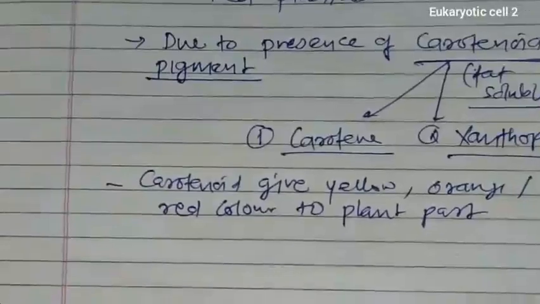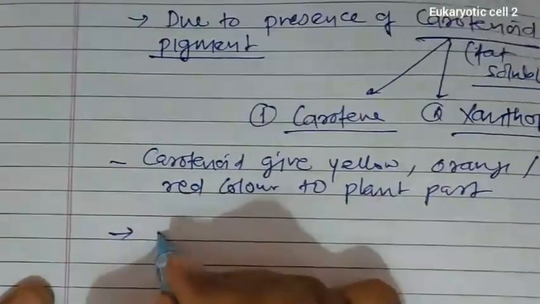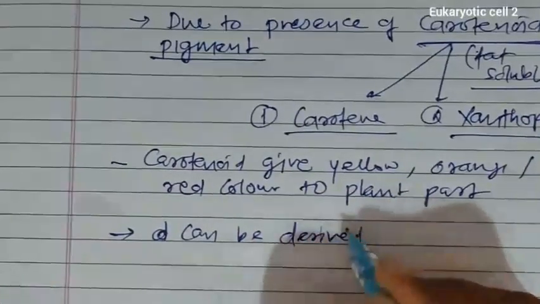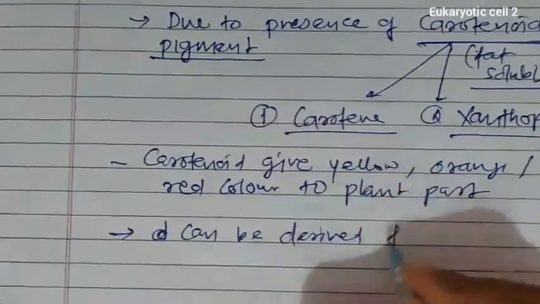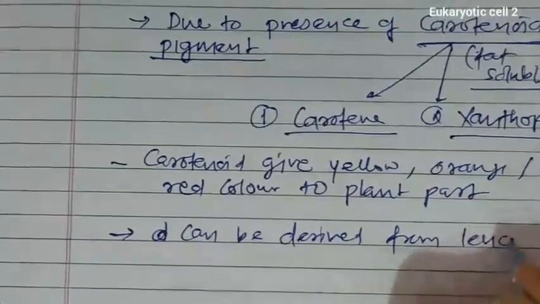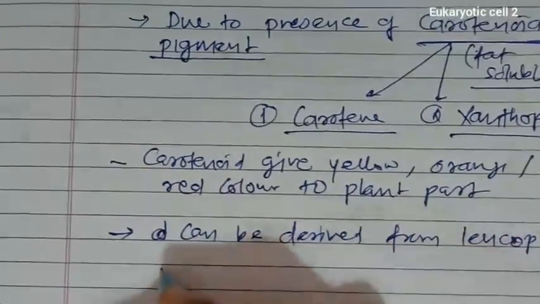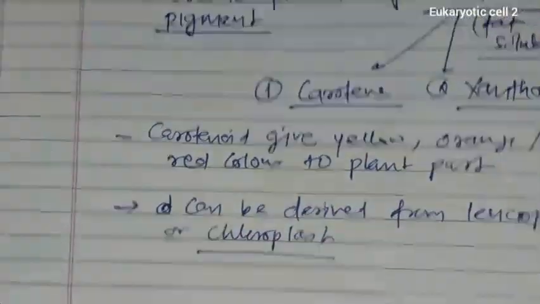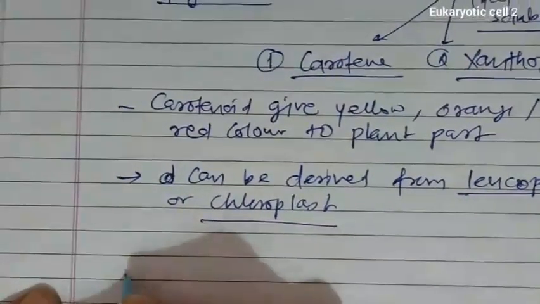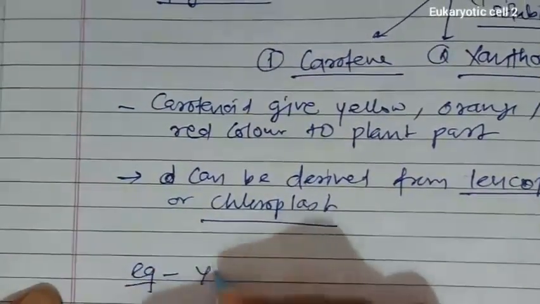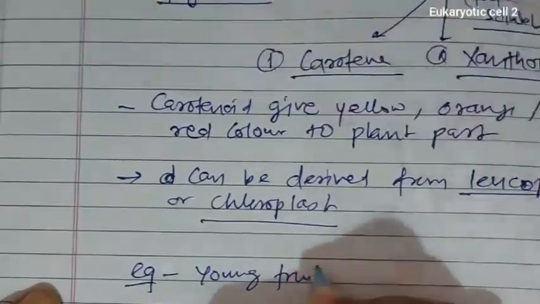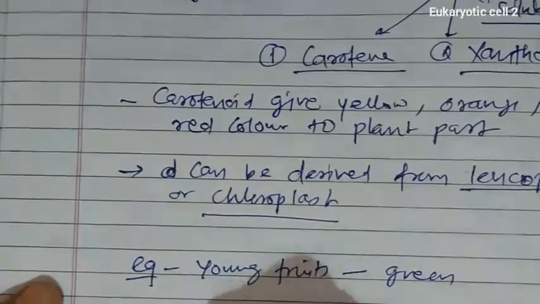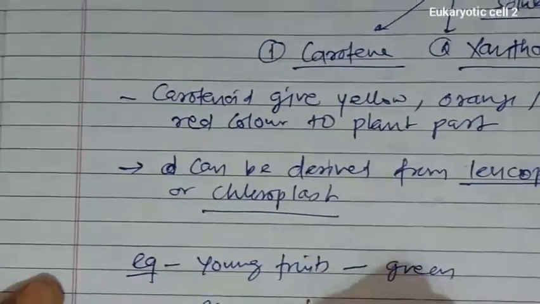Okay, this chromoplast can be derived from leucoplast or chloroplast, because if you take an example, young fruits are green, but ripened fruits are colored.